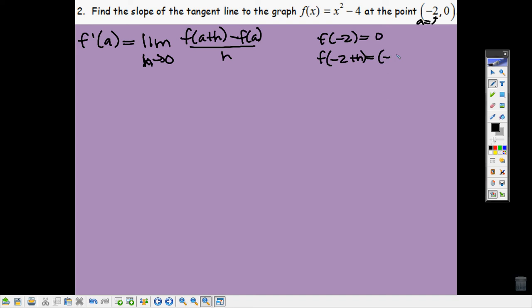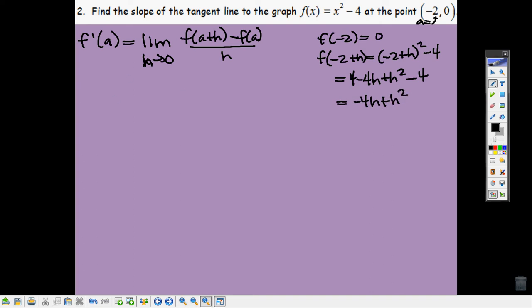So that's negative 2 plus h quantity squared minus 4, which gives me a positive 4 minus twice the product. So that's negative 4h. And the first term squared is h squared minus 4. So we have 4 minus 4, so we're left with negative 4h plus h squared.